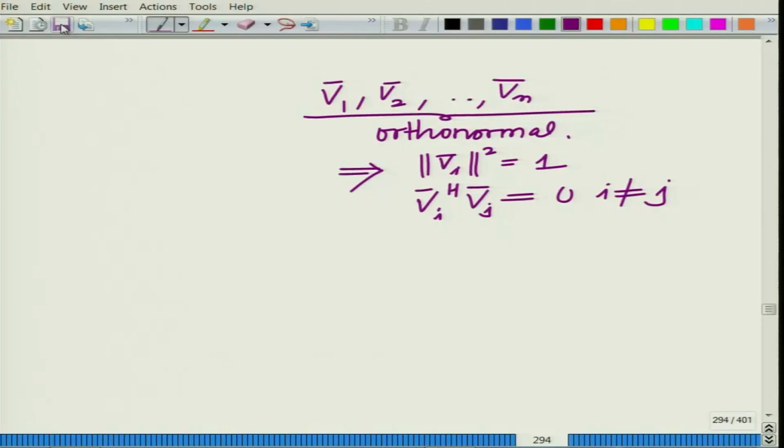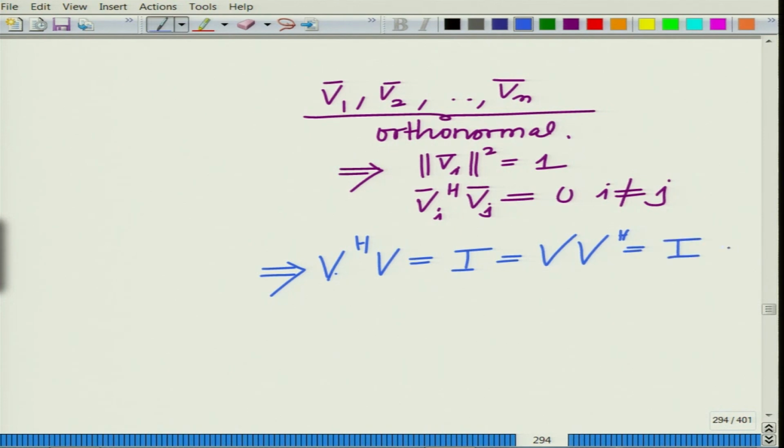And therefore, the matrix V satisfies the property V Hermitian V is identity, which also implies V V Hermitian equals identity because V is a square matrix.